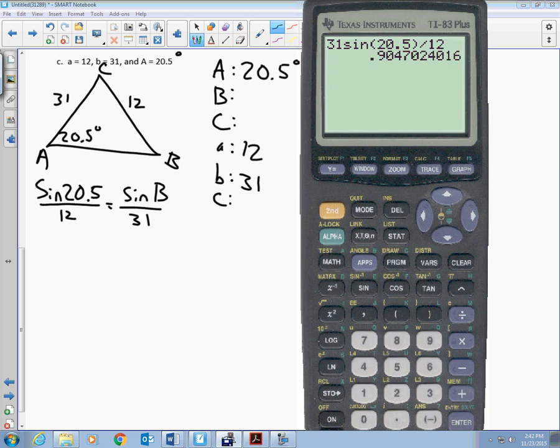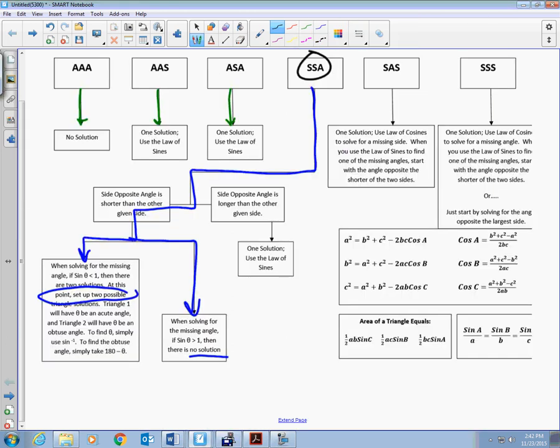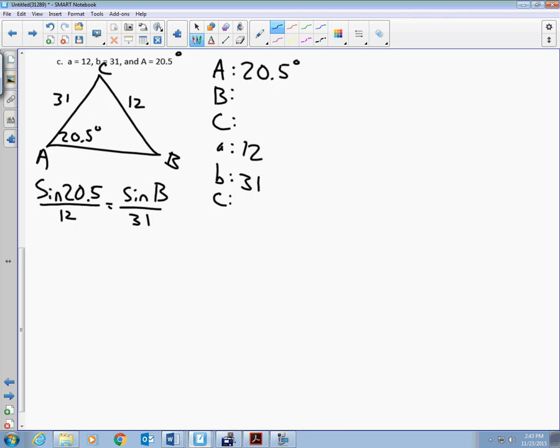Can sine have a value of 0.90? So therefore, as it says in your decision tree, when solving for the missing angle, if sine of theta is less than 1, then there are two solutions. At this point, set up two possible triangles.